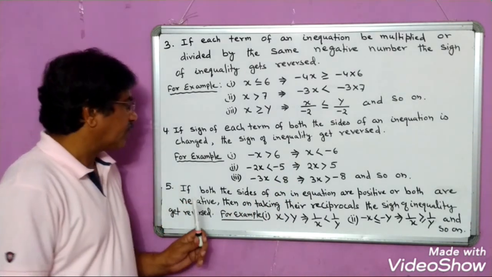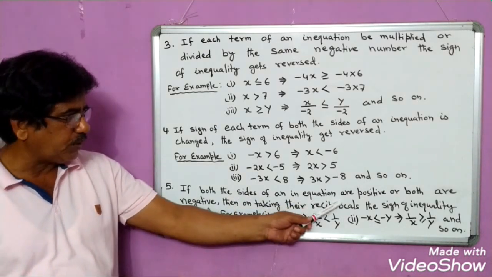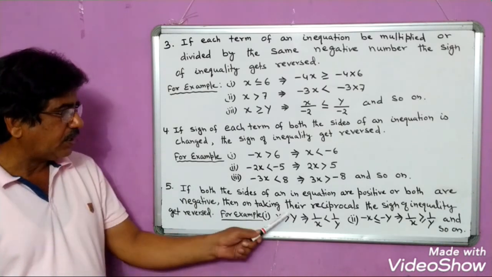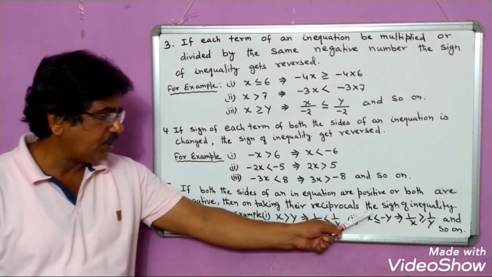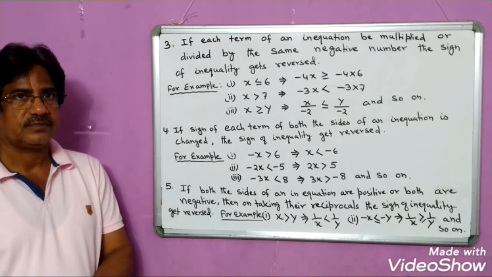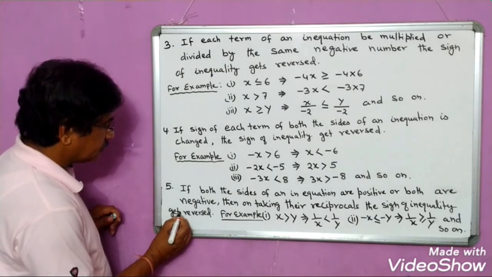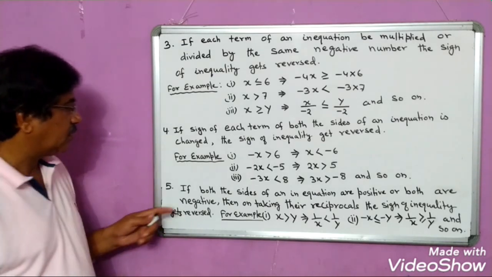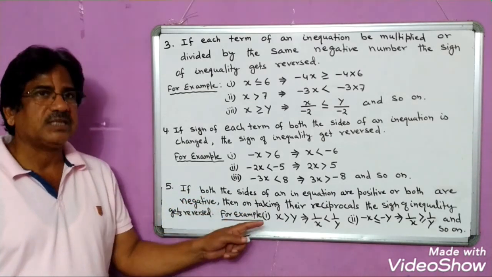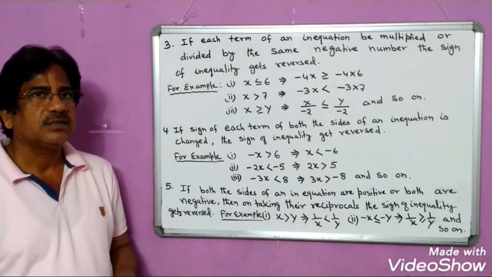The fifth one: if both the sides of an inequation are positive or both are negative, then on taking their reciprocals, the sign of inequality gets reversed. Remember, whenever you take the reciprocal of both the sides, the sign of inequality will get reversed.